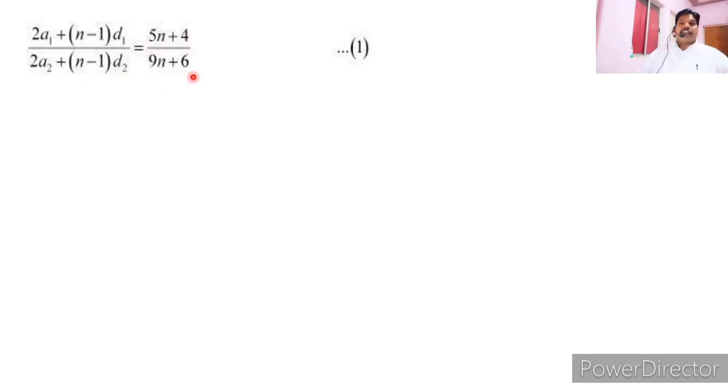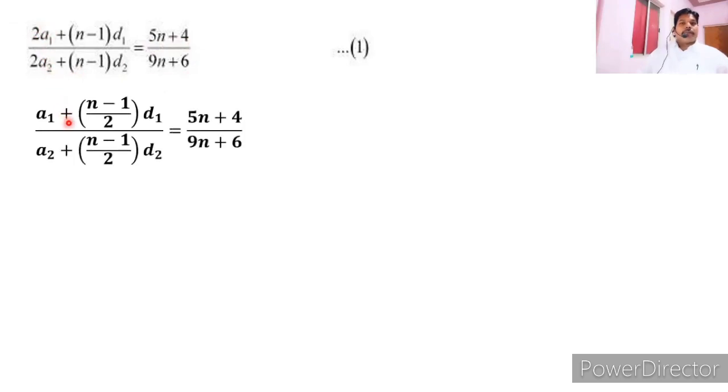In the next step, take the 2 common in the numerator, and you get a1 plus n minus 1 by 2 into d1. In the denominator also take the 2 common and cancel it, so it becomes a2 plus n minus 1 by 2 into d2. That is equal to 5n plus 4 by 9n plus 6.